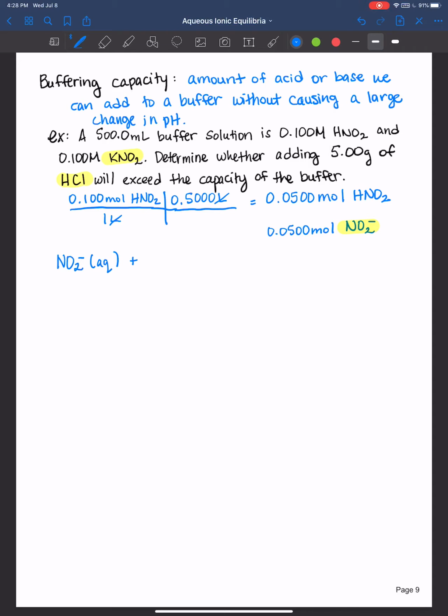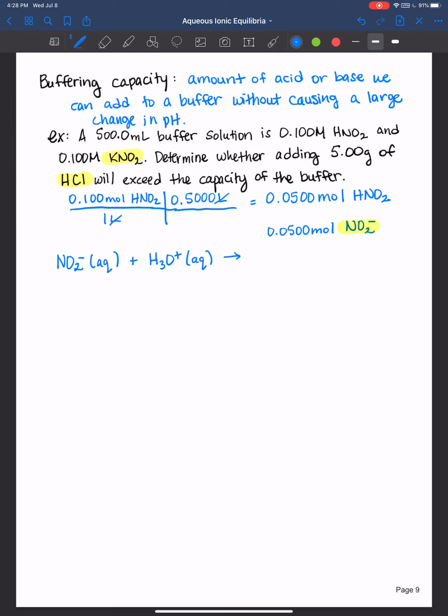And so I'm just going to write down H3O+, the hydronium ion, because that is the key component. This is what's dissociating and producing hydronium ions in solution, and that's what's going to be reacting with nitrite. So that's why I'm only going to be writing that down for the net ionic equation.